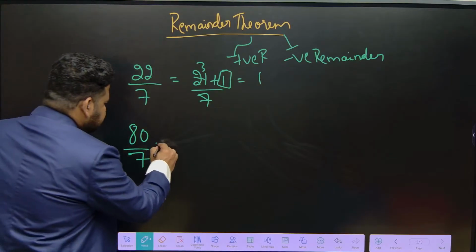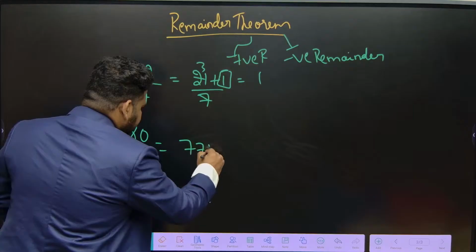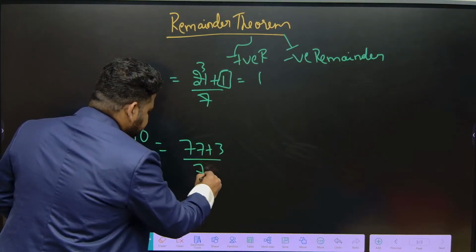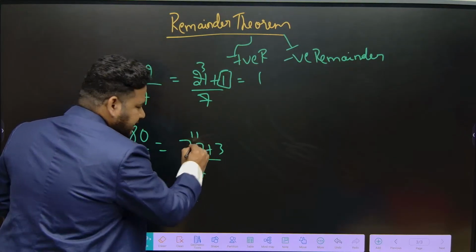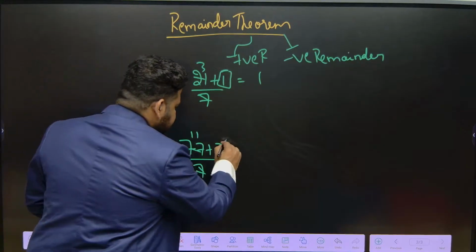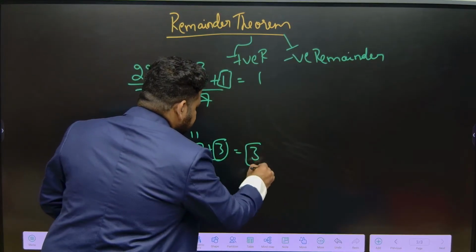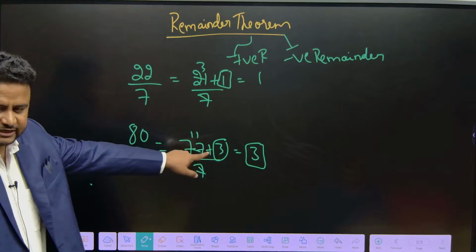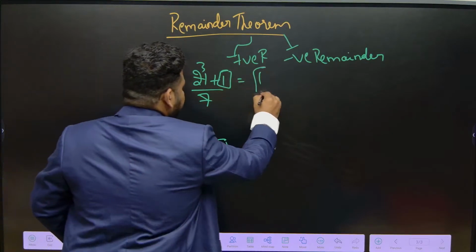Those who came late, don't worry about the previous concept, you can watch it later. This is a new concept, nothing related to that. How did you think? 77 plus 3 divided by 7, that is 7 11s are 77. So the remainder will be 3. So here the remainder is 3, and this is a positive remainder.